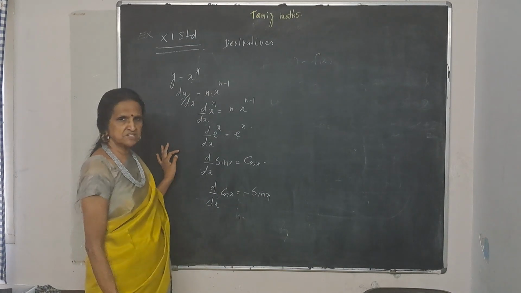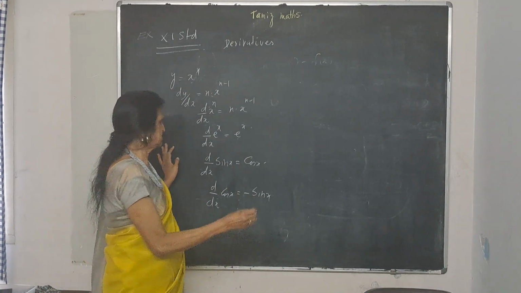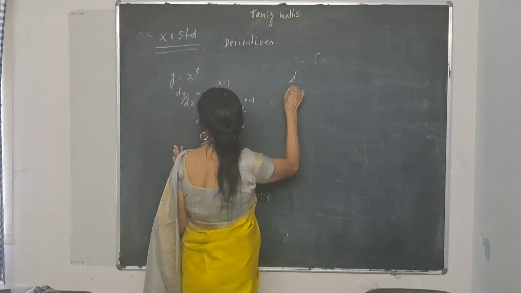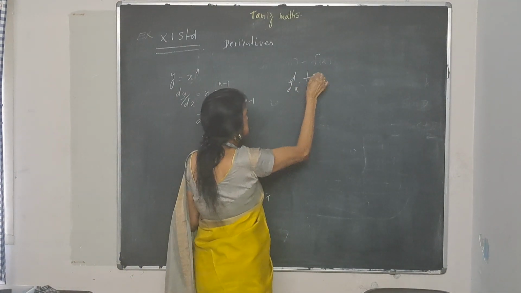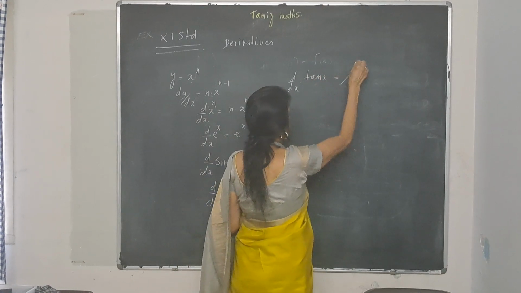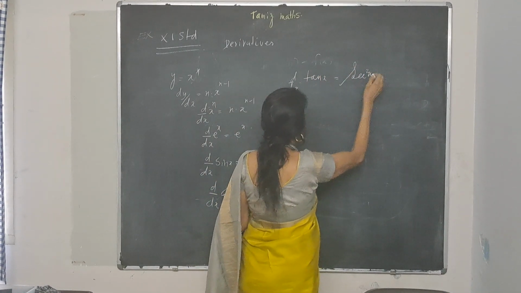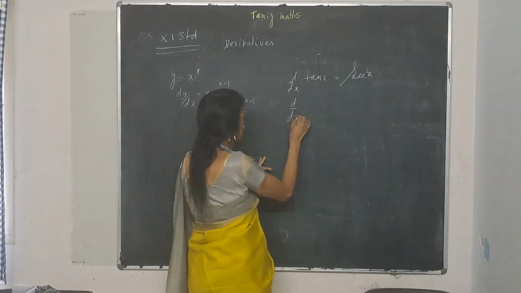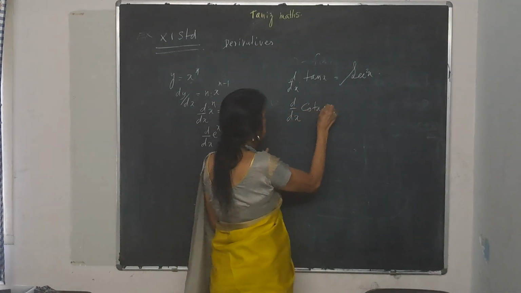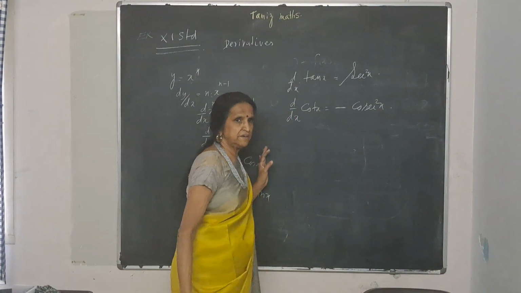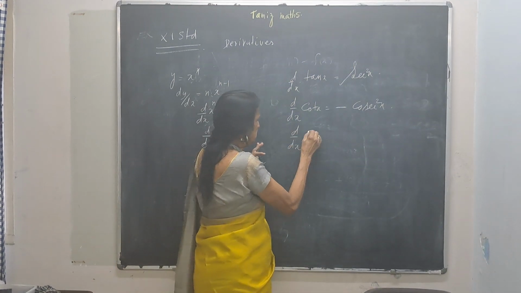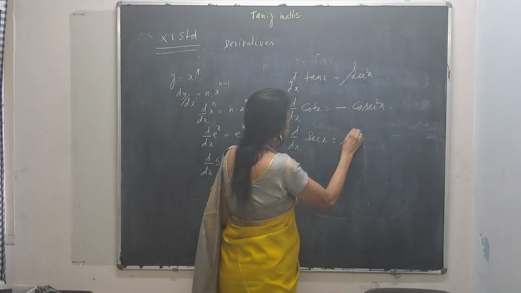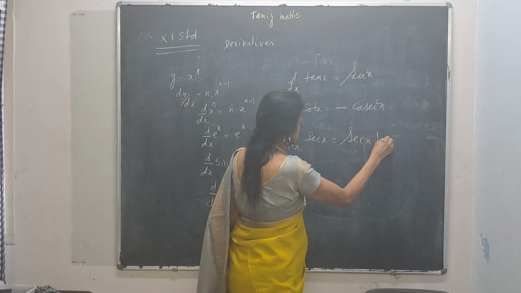Next, d by dx of tan x will be secant square x. D by dx of cot x will be minus cosecant square x. D by dx of secant x will be secant x tan x.